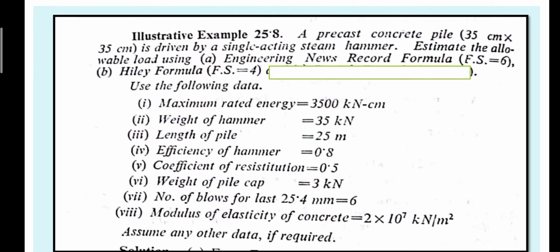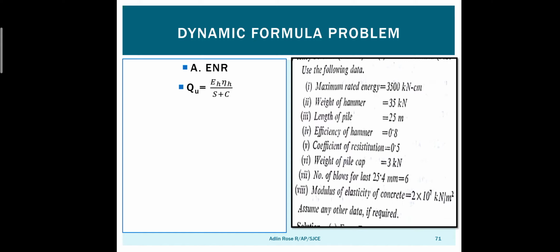First, we should find the engineering news formula, ENR formula. What is the formula? Q is equal to E eta H by S plus C. What is E? Energy. Is energy given in the question? It is given. First given data is energy. How much? 3500. And eta H, what is eta H?